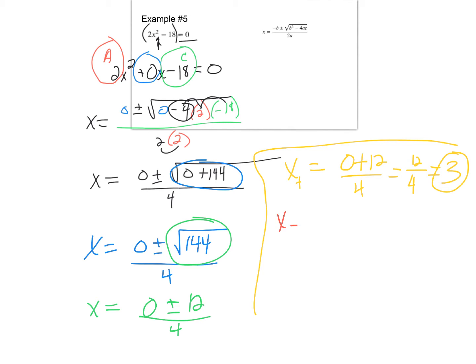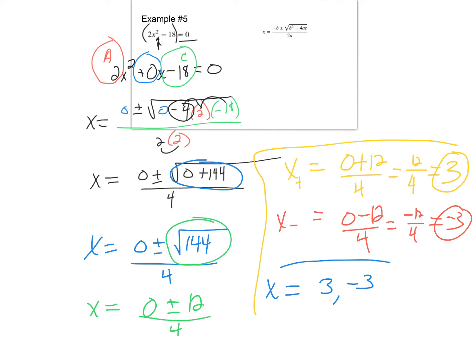The X negative says 0 minus 12 divided by 4, which is negative 12 divided by 4, which is negative 3. So therefore our solution set is X equals 3 and negative 3. All right, so there's that one.